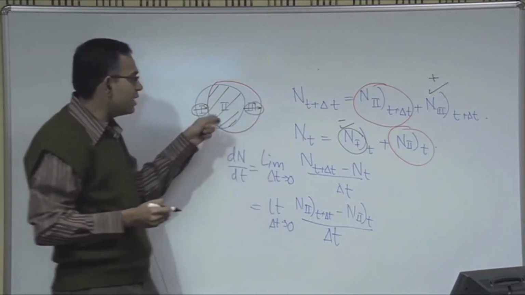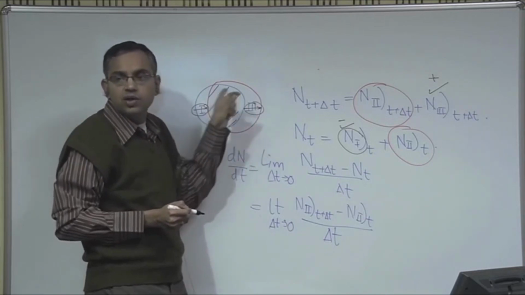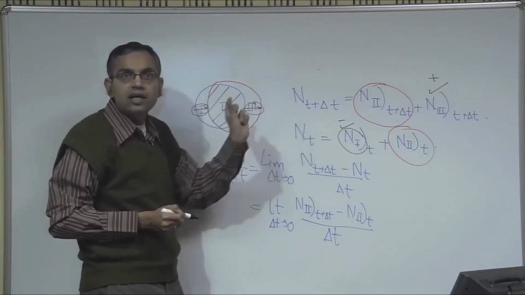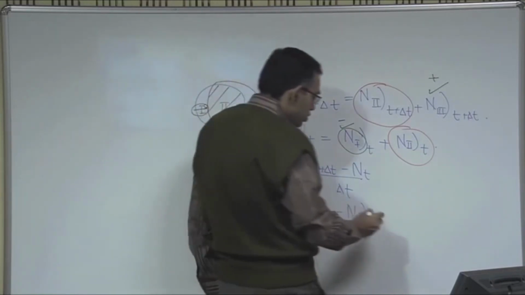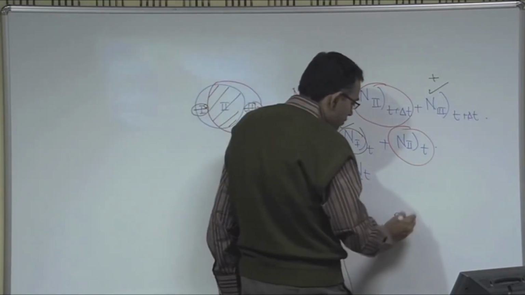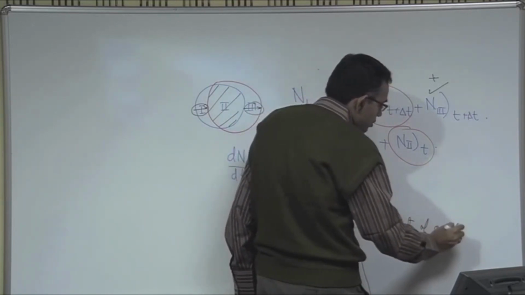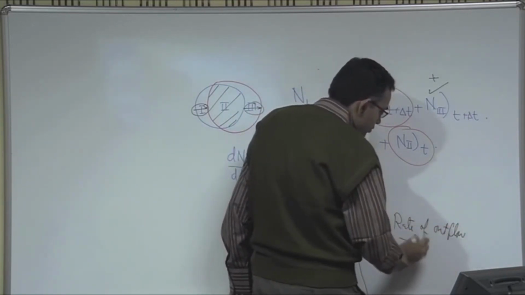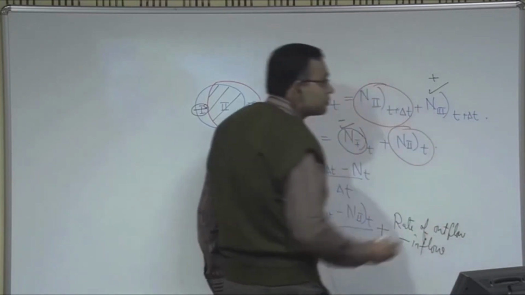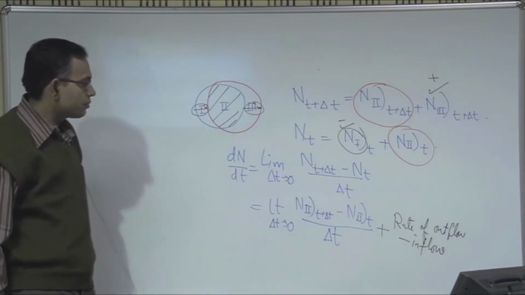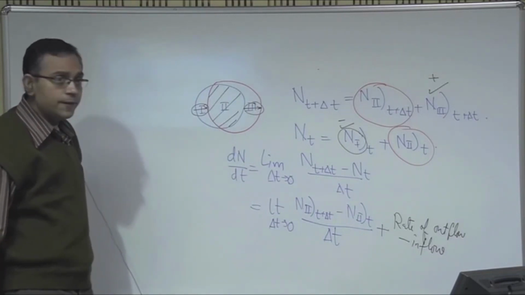So, this is the region in space which you can identify across which you can study the transport. So, this is the rate of outflow minus inflow of the property.